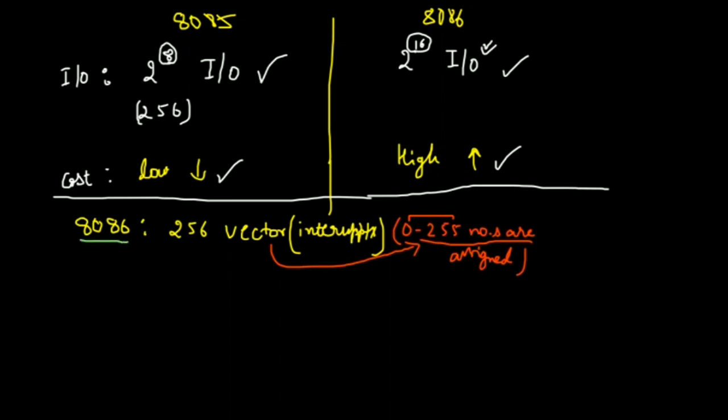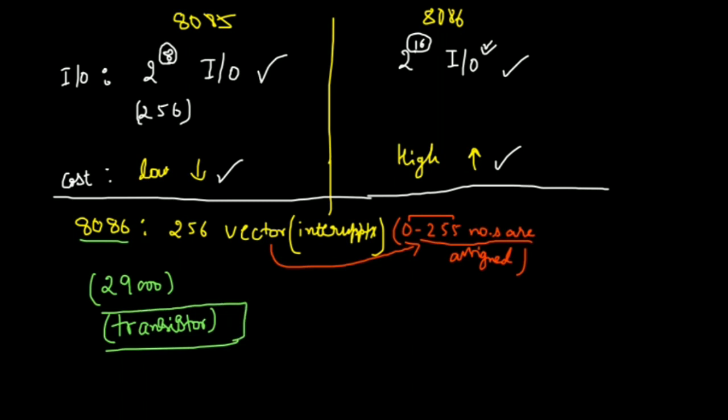The 8086 has 29,000 transistors. Maybe this number is not seemingly surprising you right now, but let me tell you that the processor we are talking about is not today's processor. This processor came in 1978.